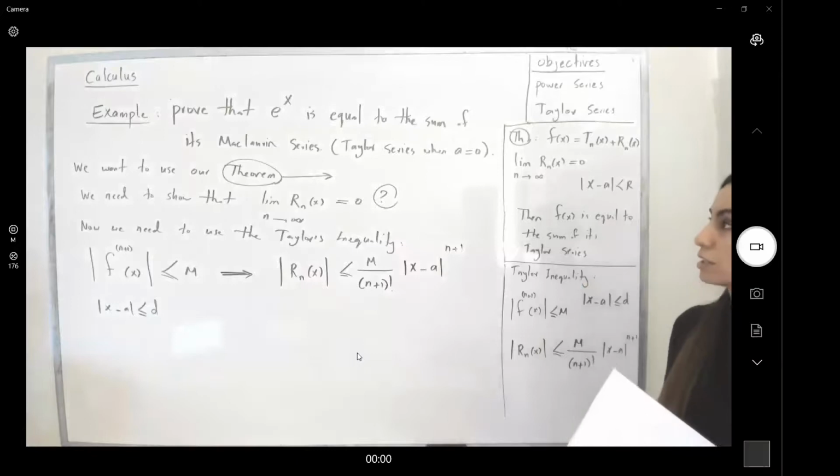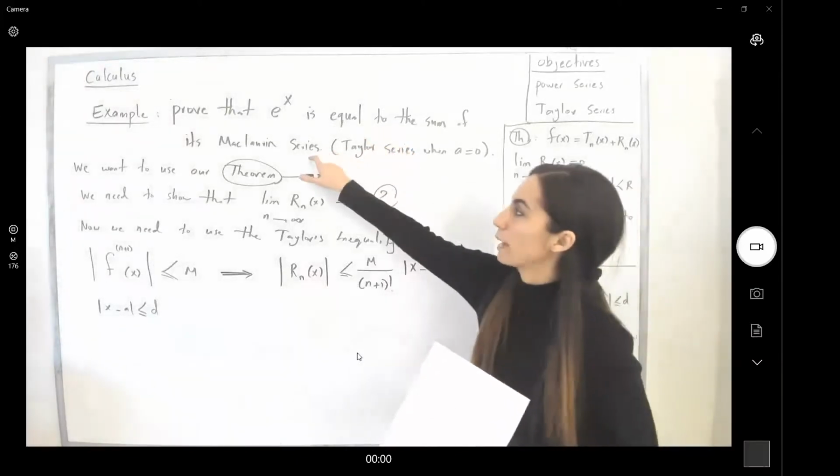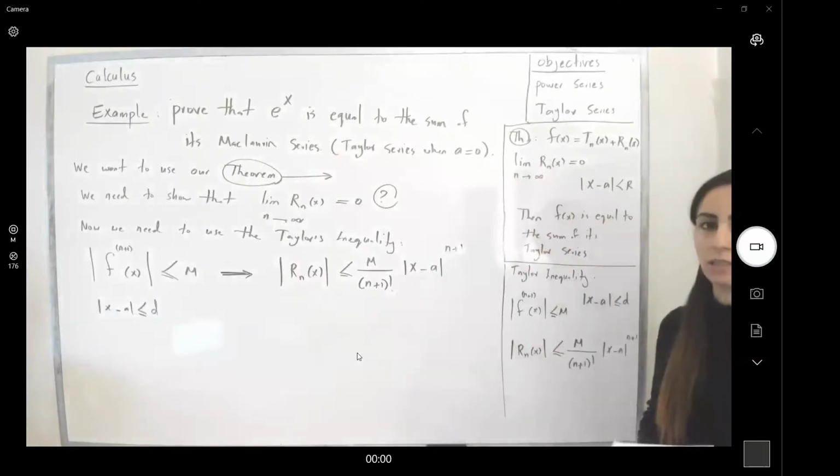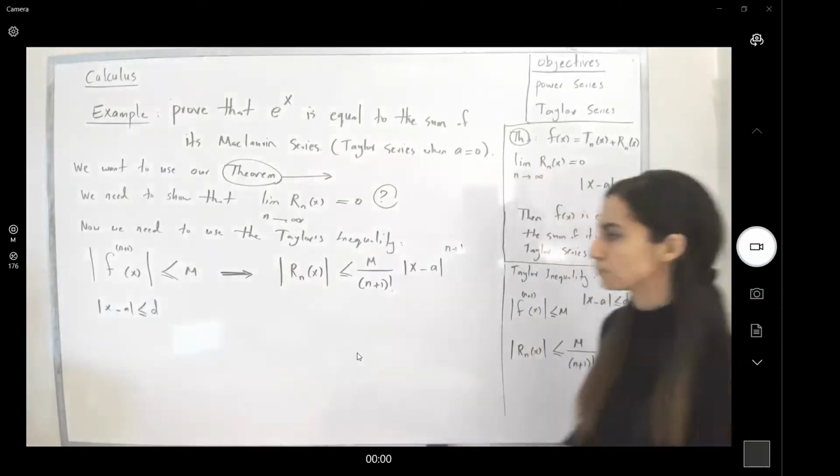What do we have here? We are working with the Maclaurin series, which says that a is equal to 0. So wherever you see a, you can just ignore a.